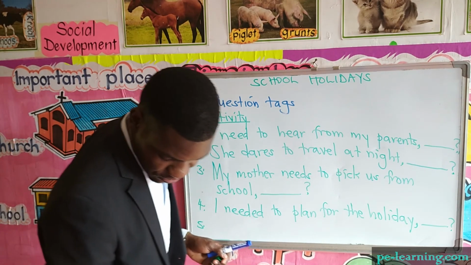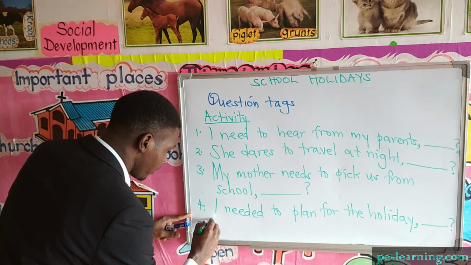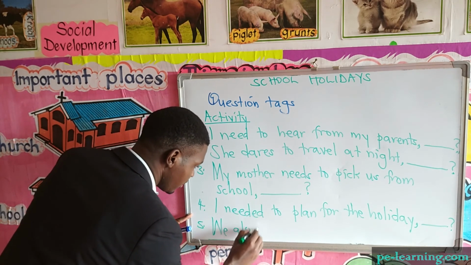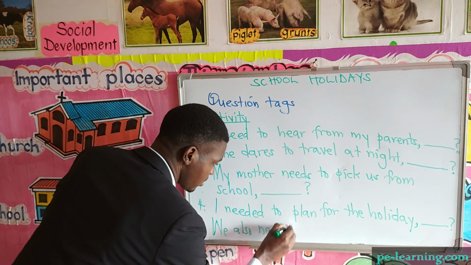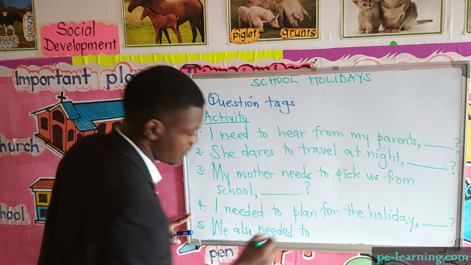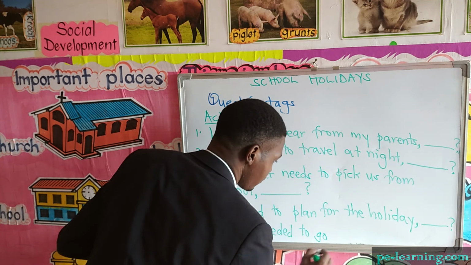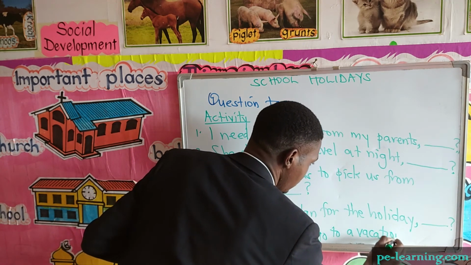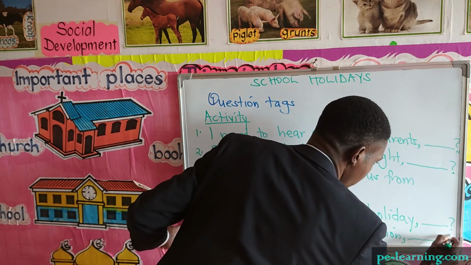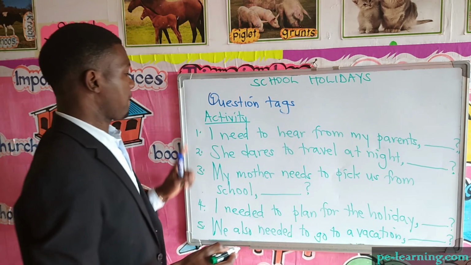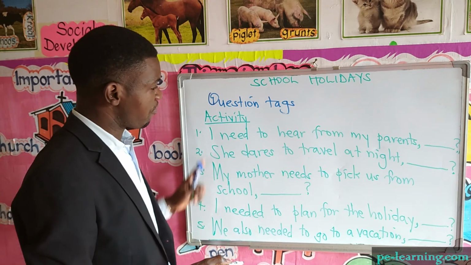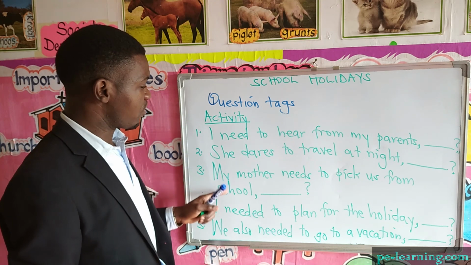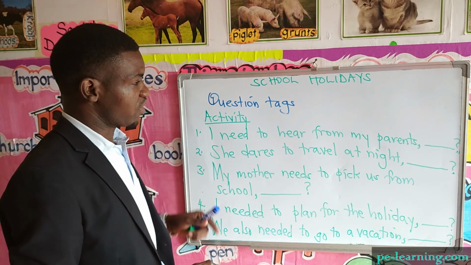Lastly, you can say, we also needed to go to a vacation. What will be the question tag? Number one up to number 5, you attempt this according to our rule. When you're using dare, when you're using need, you'll be right to go.